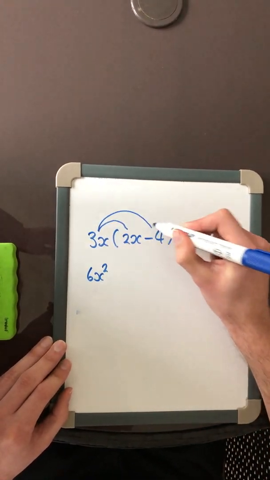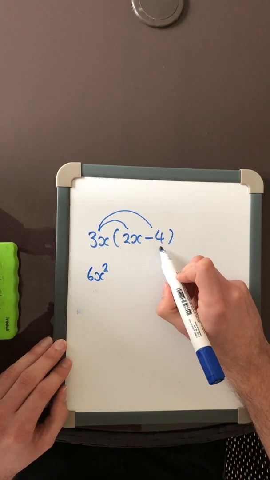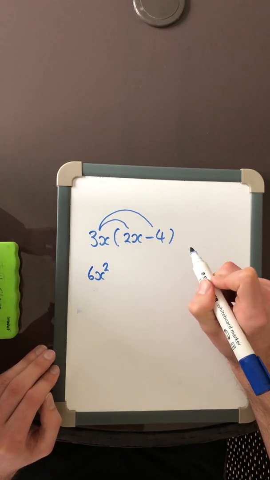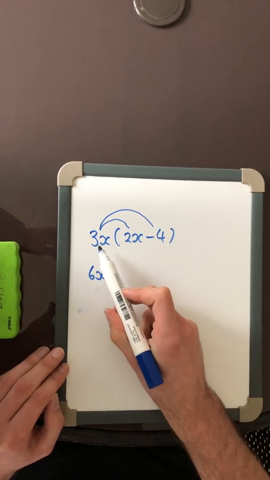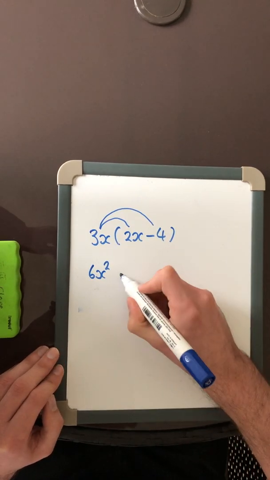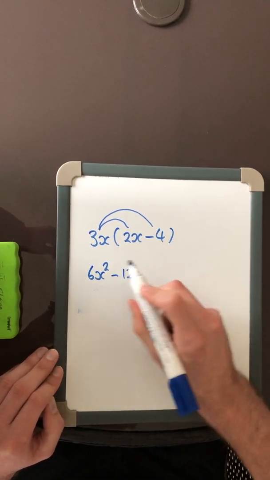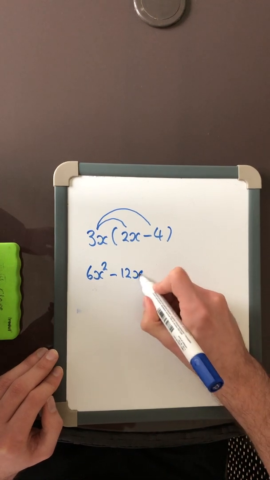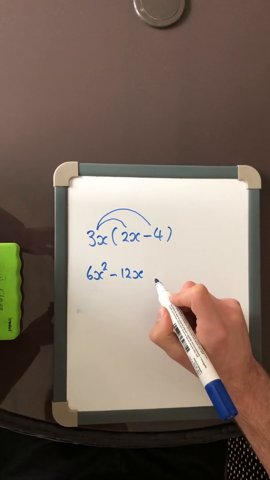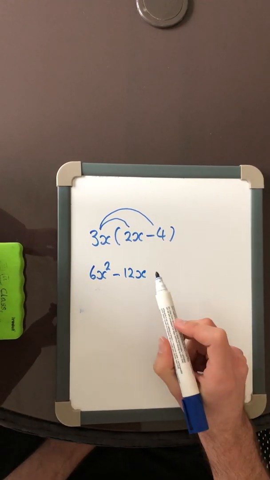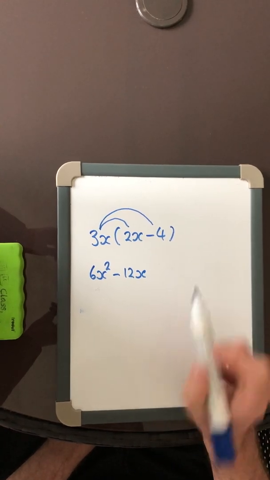Now 3x times negative 4, a positive times a negative will give us a negative. So 3 times negative 4 is going to give us negative 12. And we just include our x at the end there. Remembering as well that if it's a negative times a negative, it'll be a positive.